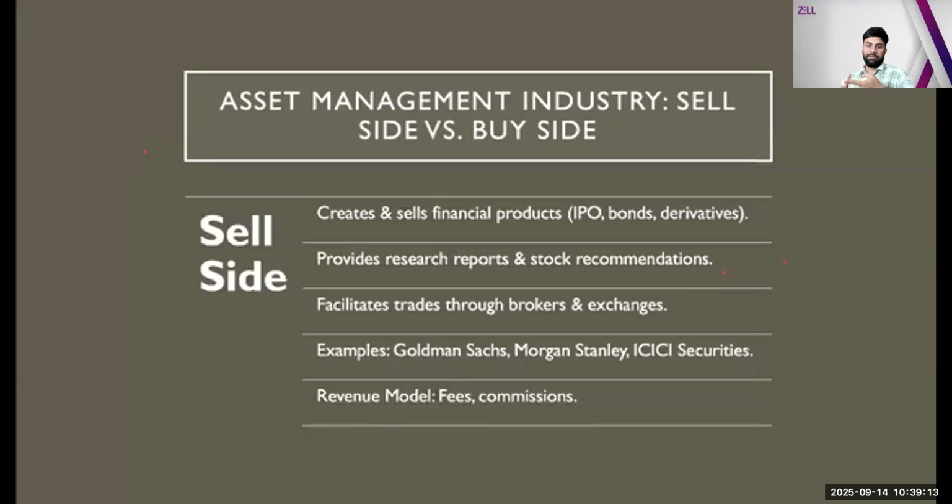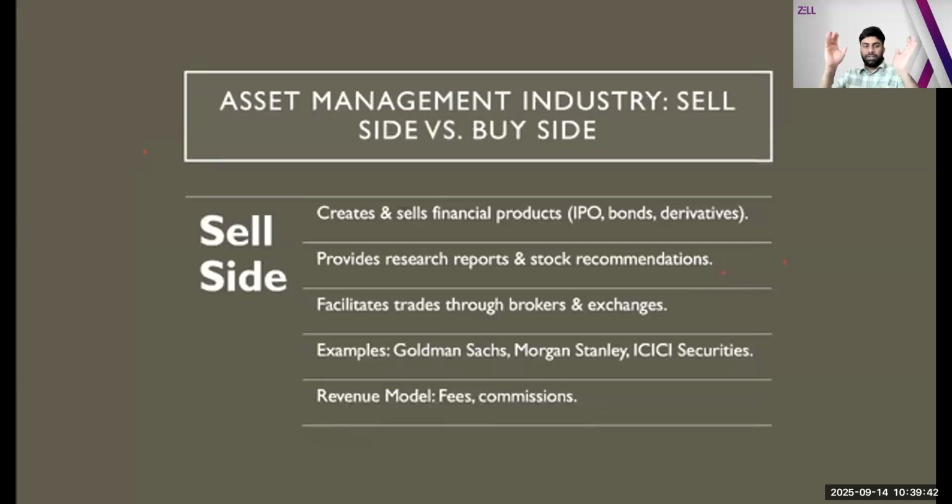For example, investment banks like Goldman Sachs, JP Morgan or Morgan Stanley, and brokerage firms like Zerodha, Groww, ICICI Securities, etc. They also include key players in research divisions or research firms, who publish the equity research reports.